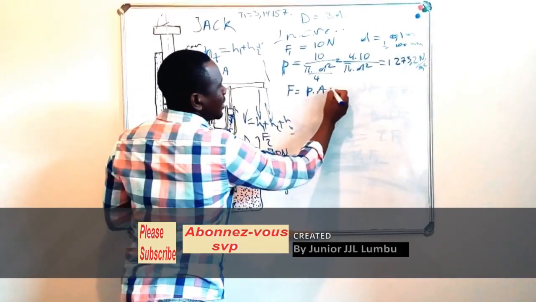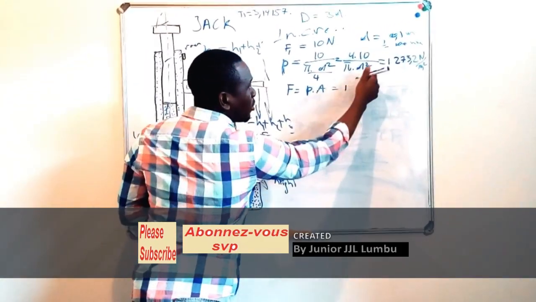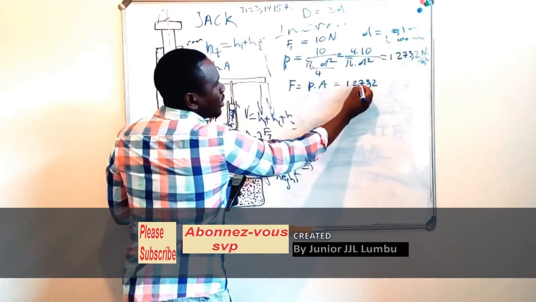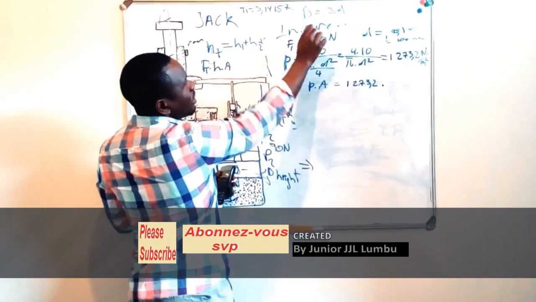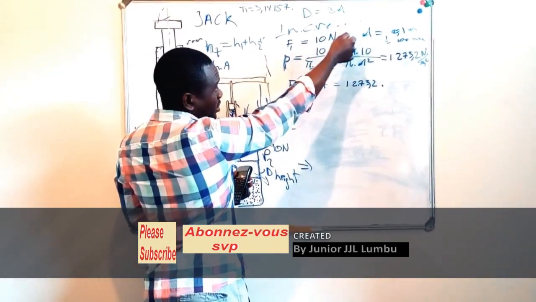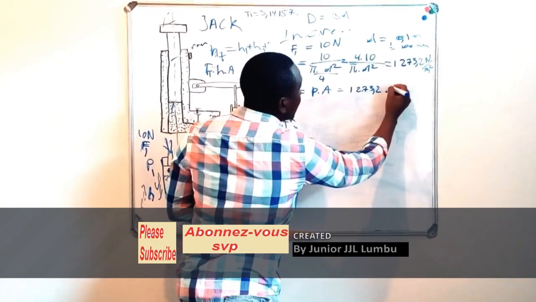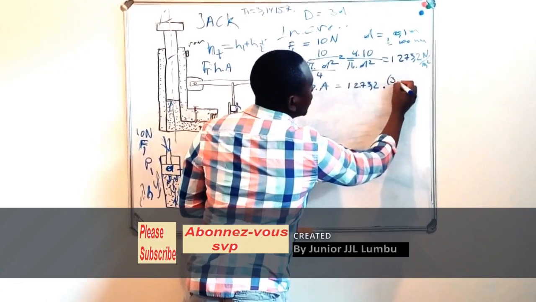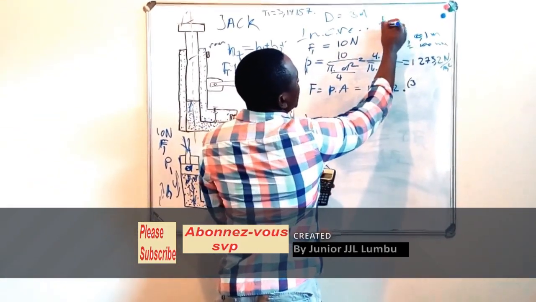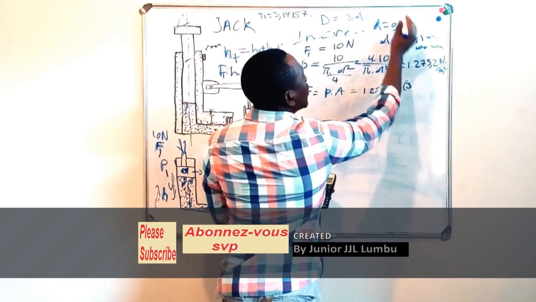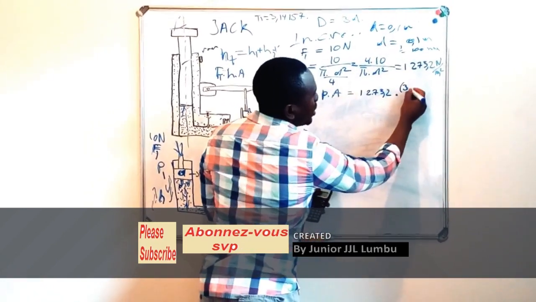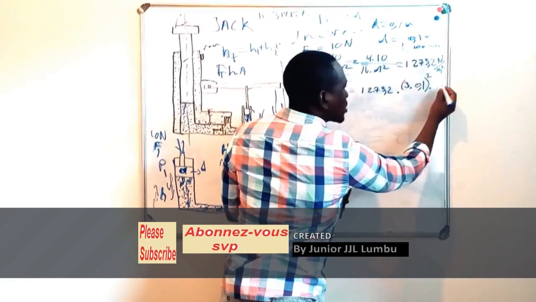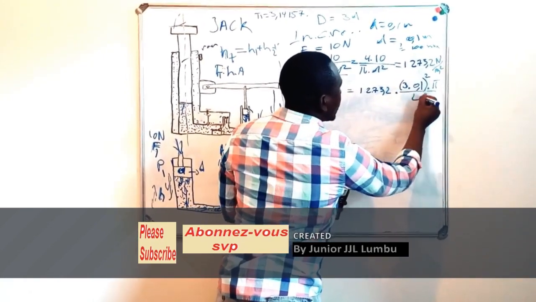So now I have that times, I said big D is 3 times small d, knowing that our small diameter is 0.1 meter, so 3 times 0.1 meter squared times pi over 4.